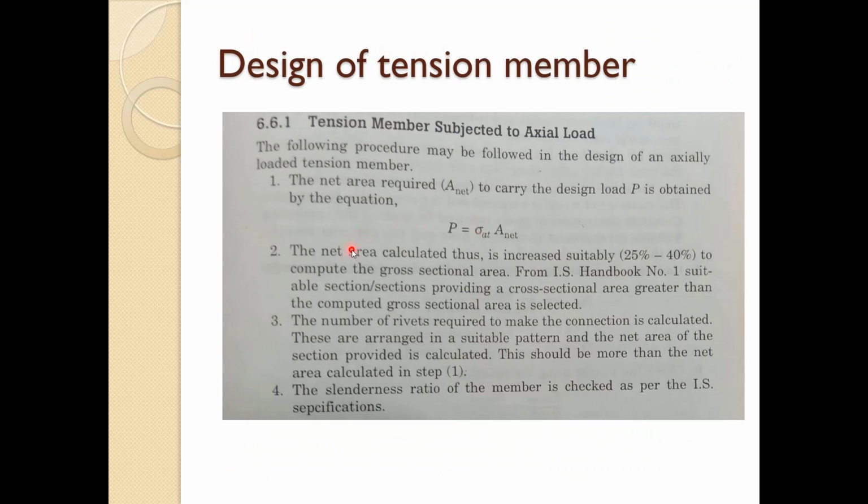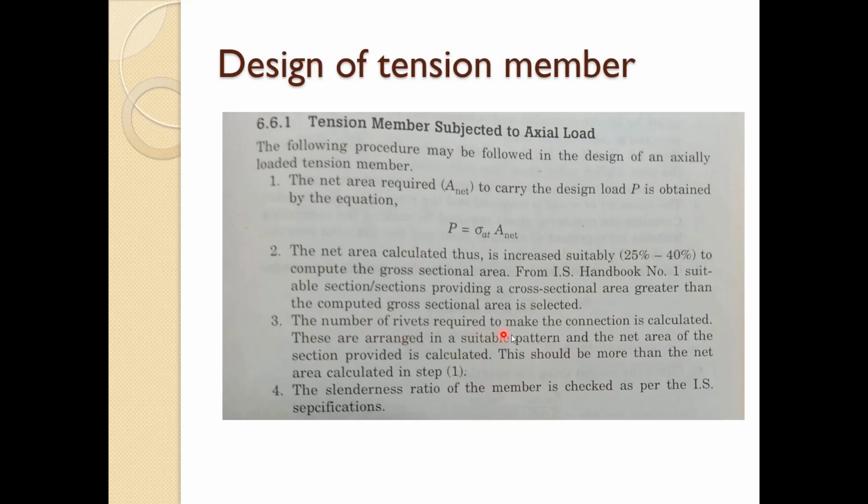The net area calculated thus is increased suitably by 25 to 40% to compute the cross sectional area from the IS handbook number 1 or the steel table. The suitable section or sections providing a cross sectional area greater than the computed cross sectional area is selected. By using this steel table you can find the member which has more cross sectional area than required.